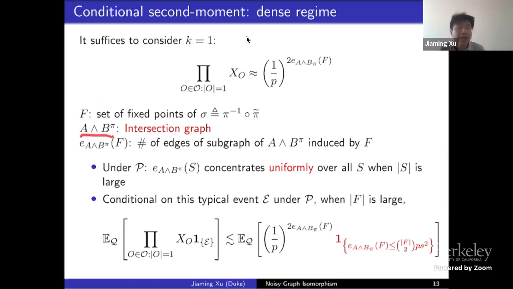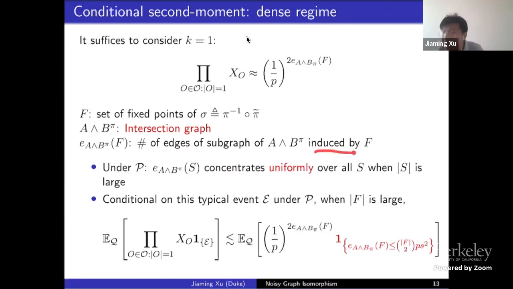And this A ∩ B^π is just the intersection graph that we mentioned earlier. So this is the graph that includes all the common edges in A and B^π. And this quantity here is nothing but the number of edges of the subgraph of this intersection graph induced by the fixed points in the node permutation.